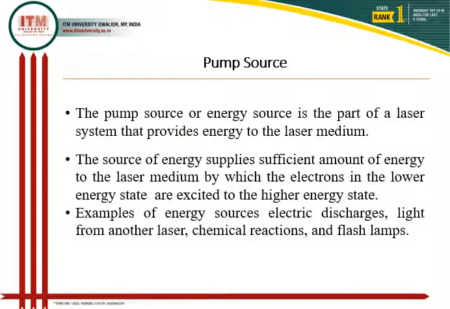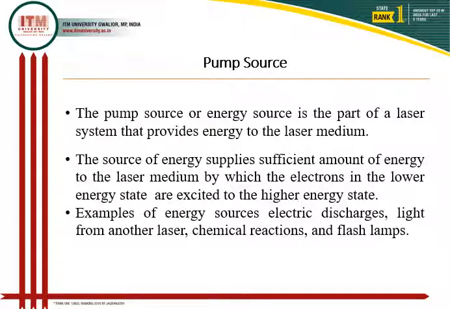So the first thing is the pumping source. The pump source, or energy source, is the part of the lasing system that provides energy to the laser medium. This is needed to send atoms from the ground state to the excited state to achieve population inversion. In population inversion, the higher energy level should be more highly populated than the lower energy level.